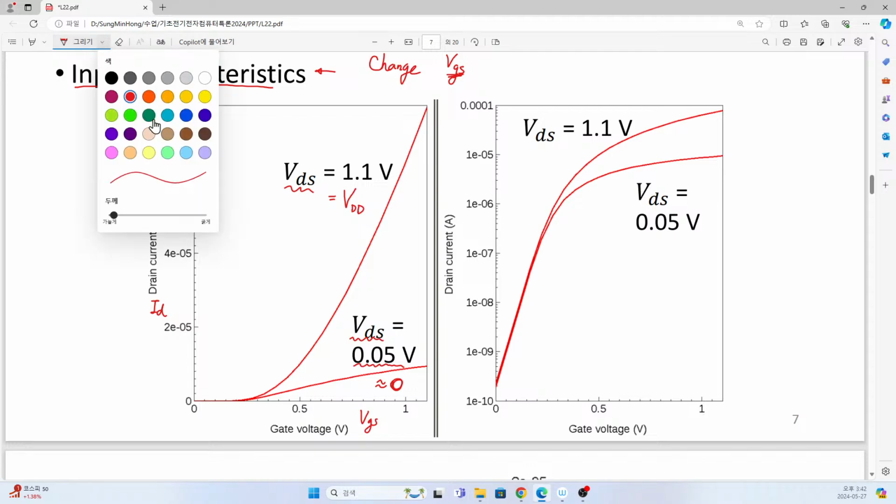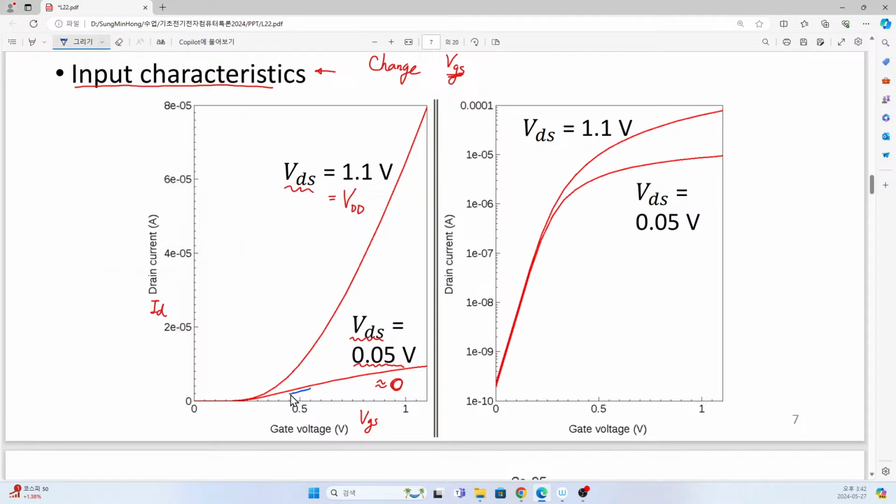In these two cases it should be drawn, and simply speaking, this curve gives us the on and off characteristics of this transistor. Since now we have quite a small and low value of VDS, the movement of our electrons is quite slow.